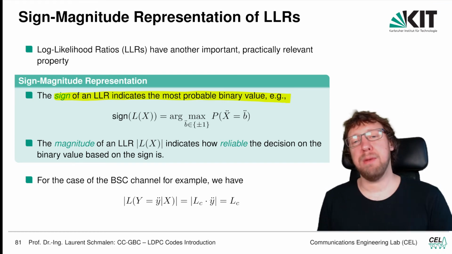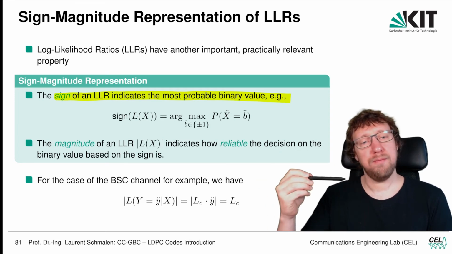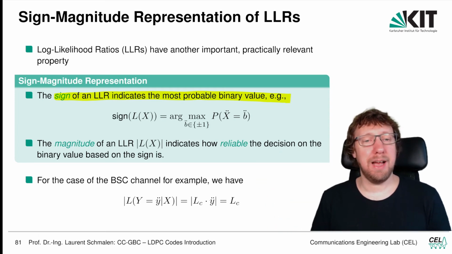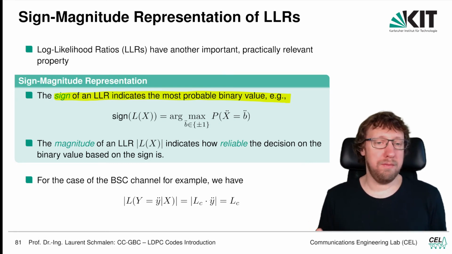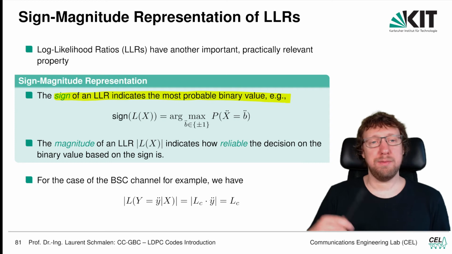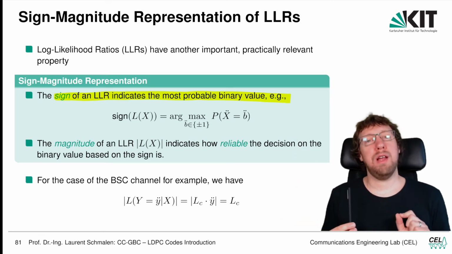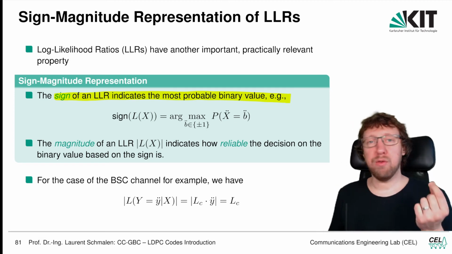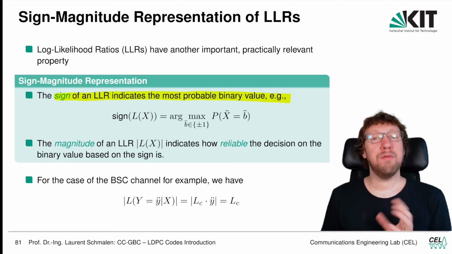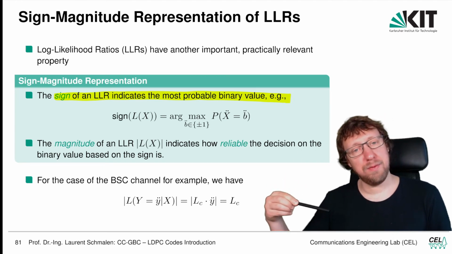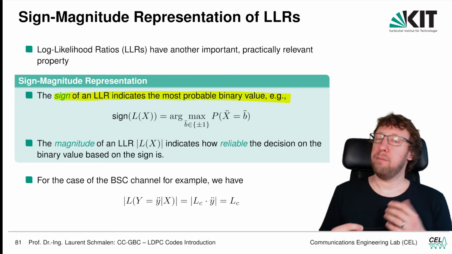So if we maximize over which one is more probable, either 0 or 1, we can just take the sign of the log likelihood ratio. This is very important in the decoder, because if you have a positive log likelihood ratio, we can say that the bit was most likely equal to 0. We can decide this bit to be equal to 0. If the log likelihood ratio is negative, we can assume that the bit was most likely a 1.